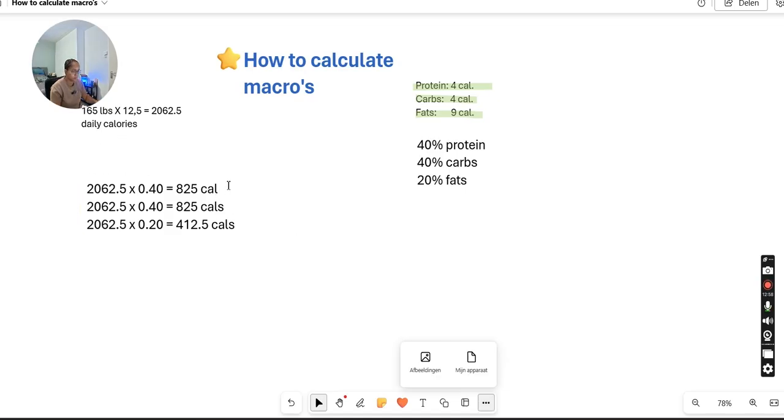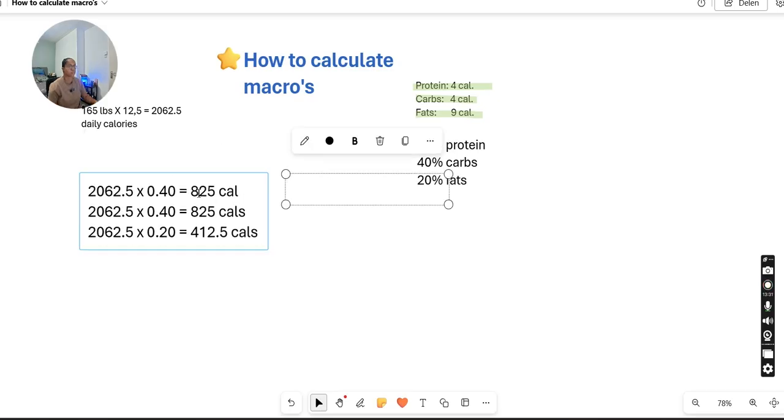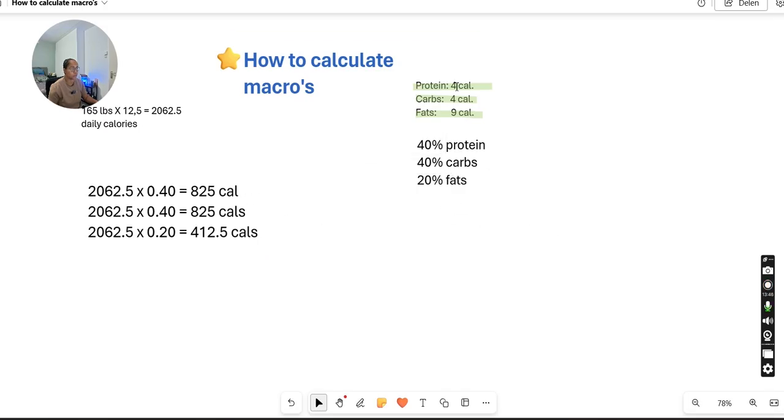We're not done. Now comes the best part. These are the calories, right? In order to see how many grams we have to consume per macro, so per protein, carbs, or fats, we're going to have to divide the 825 calories by 4, because like I said previously, protein and carbs have 4 calories and fats 9, right?